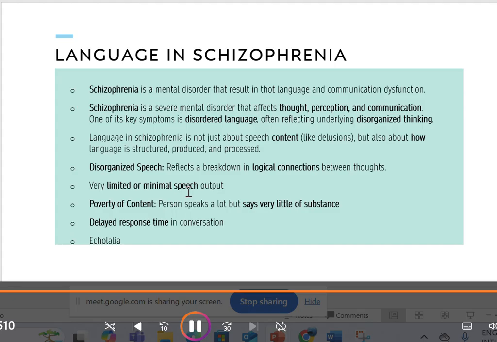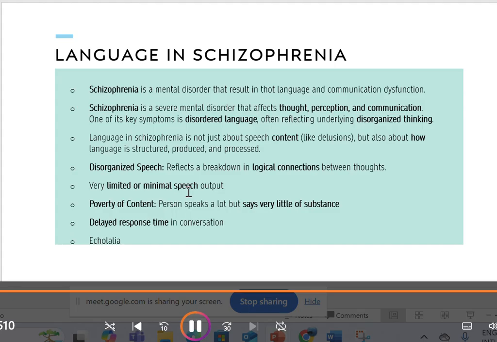Disorganized speech reflects the breakdown of logical connection between thoughts. Very limited or minimal speech: some people would speak very limitedly or say just a few words. They would not complete the sentence, would not have any structure or organization, and may leave it in between. This happens in schizophrenia.